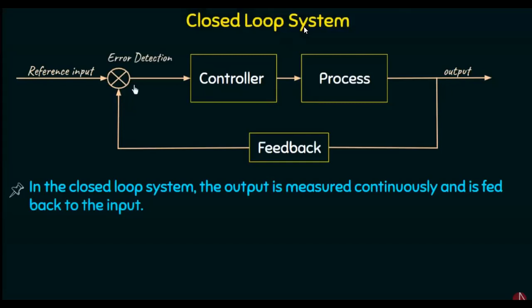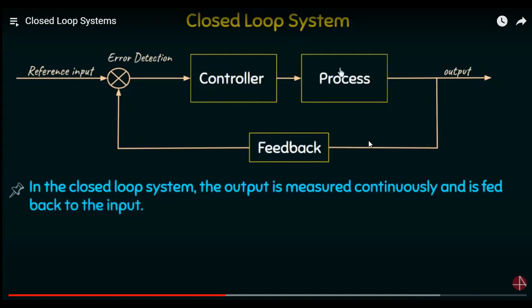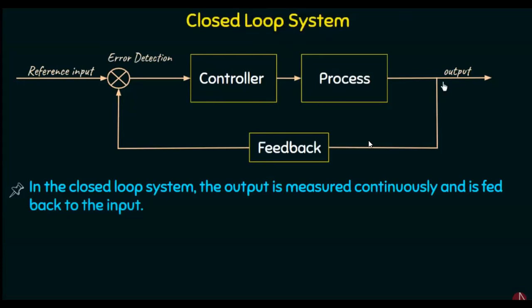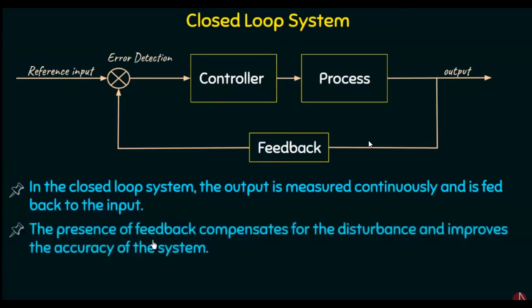And then after that, the signal goes to the controller. The controller then controls the amount of input according to the desired response, and then the controlled input goes to the process section, and hence we get the desired output. And this time the desired output is maintained. And in this way, the presence of feedback compensates for the disturbance and it improves the accuracy of the system.